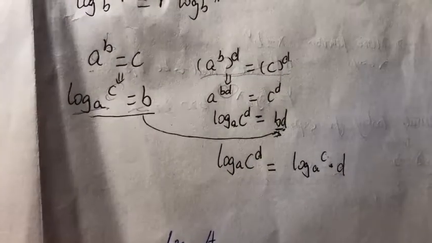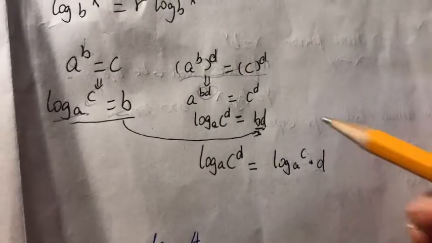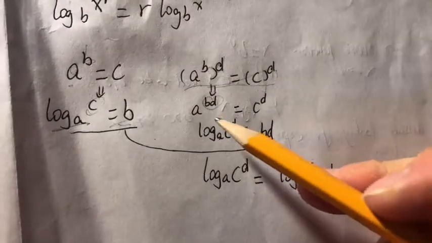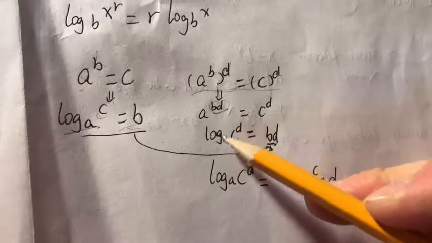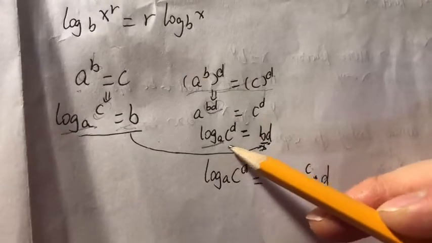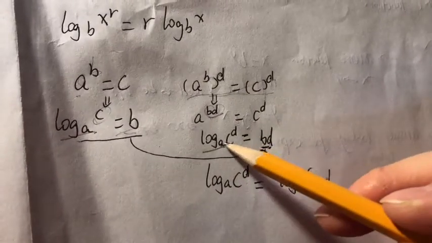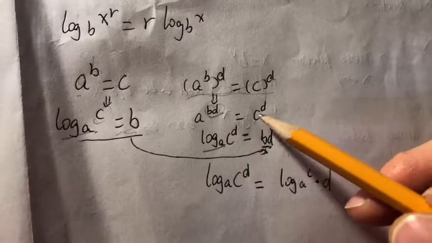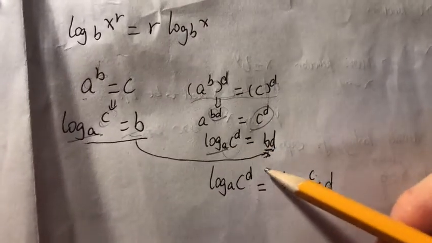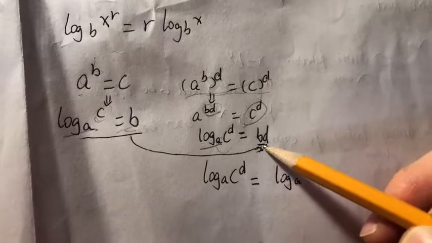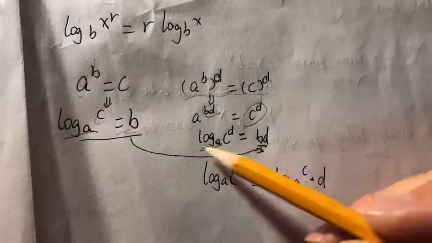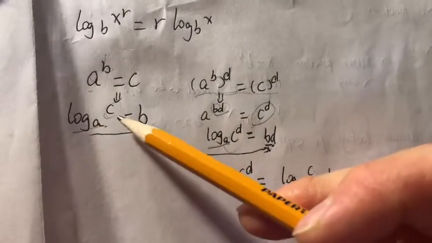So then we can turn it around. We know we're looking for the exponent, the log. So it's pretty intuitive. This is the final answer. But now we know what b is: b is log_a c.